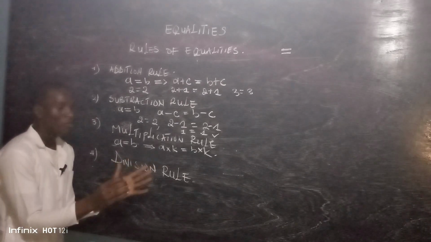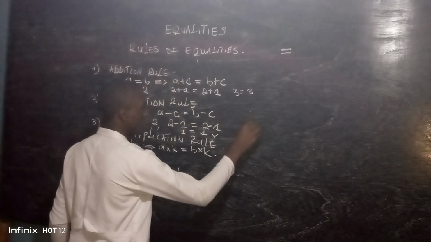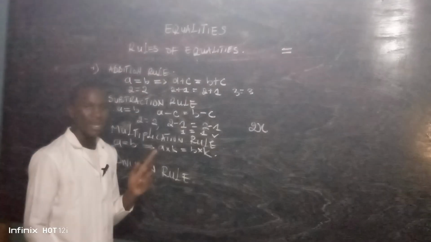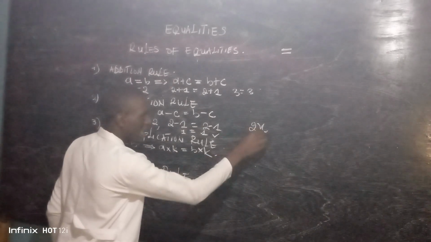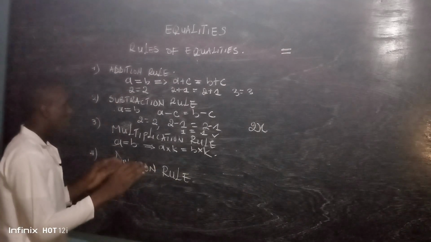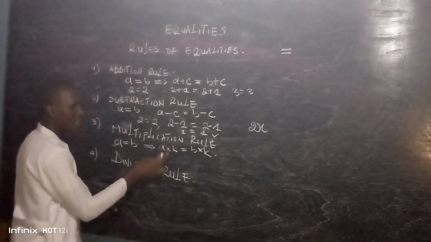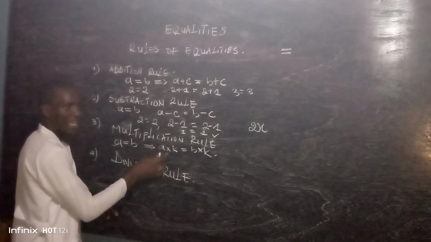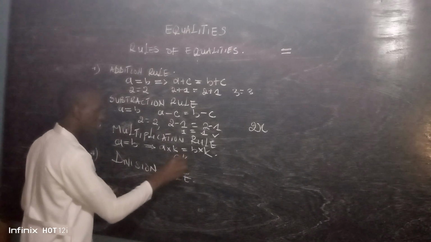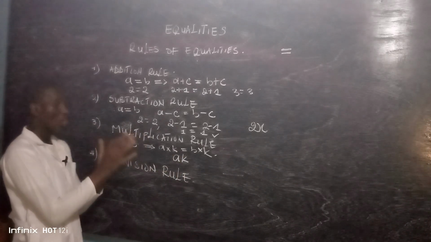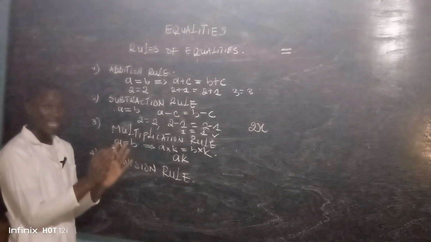Whenever I see something like 2x in algebra, it means 2 times x. So you can simply rewrite this without showing the multiplication symbol. I will just write AK to mean A times K. Whenever they are written joined like that, it means multiplication.